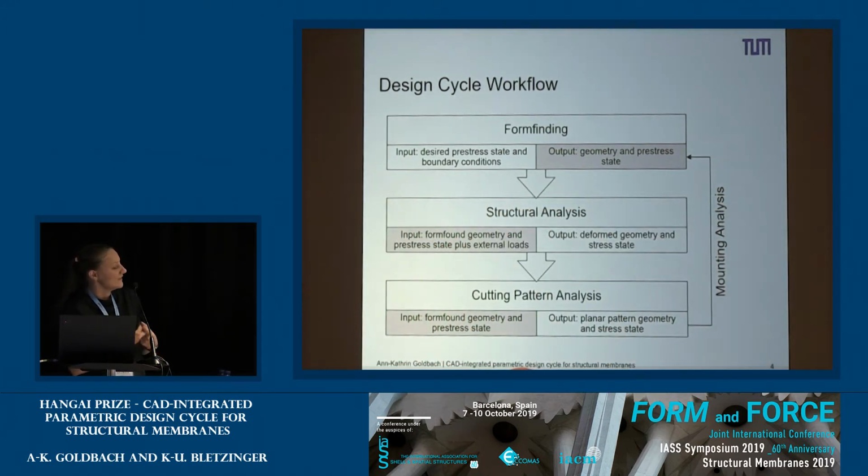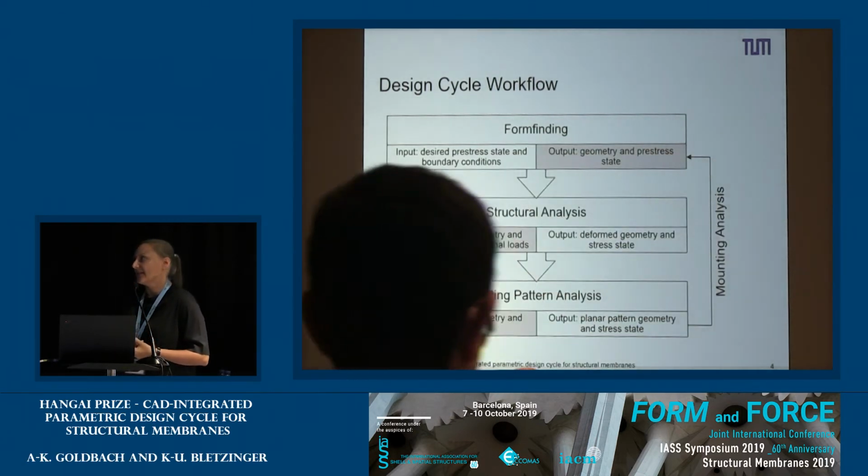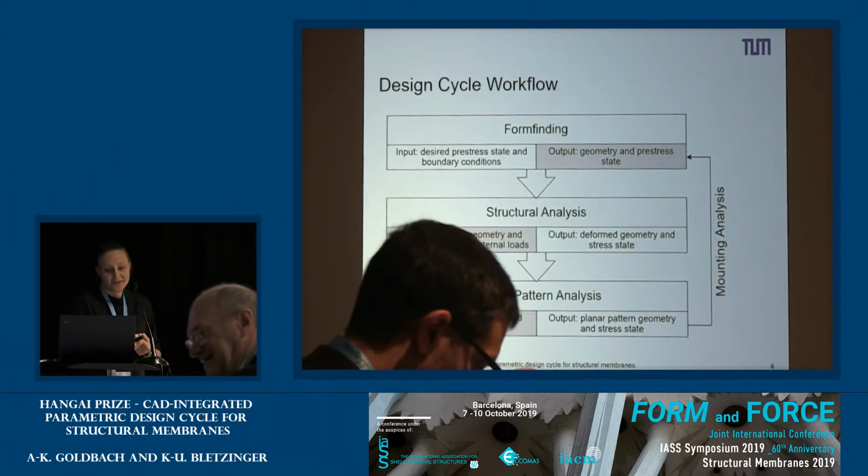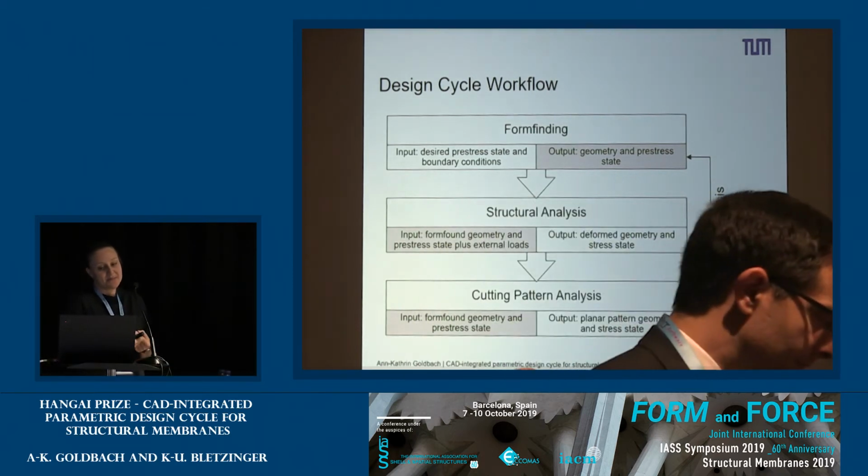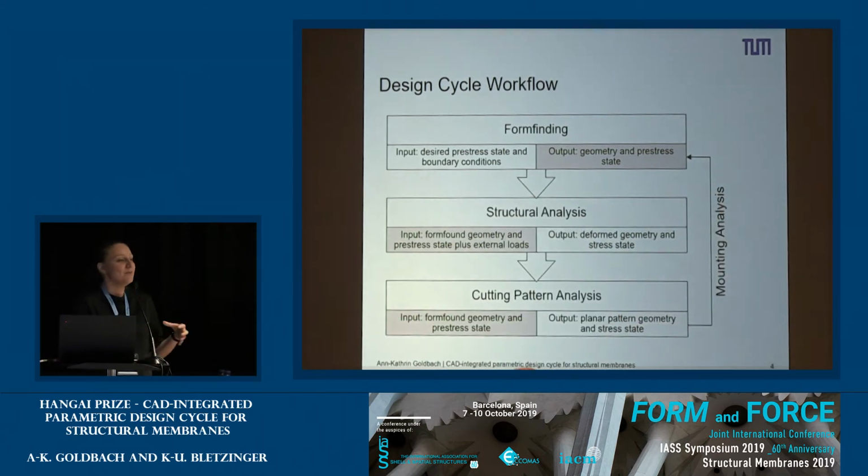And then, in addition to the 3 disciplines I've already presented, there's also mounting analysis. By mounting analysis, I mean the real assembly of the stripes that I got from the cutting pattern generation, putting them together, putting them in my given boundaries, so the edge cables and the support points, and just checking how good my cutting pattern was.